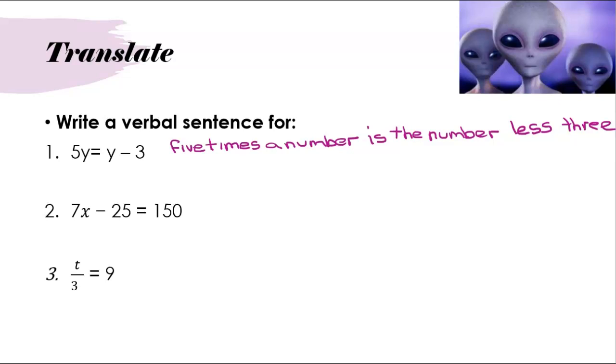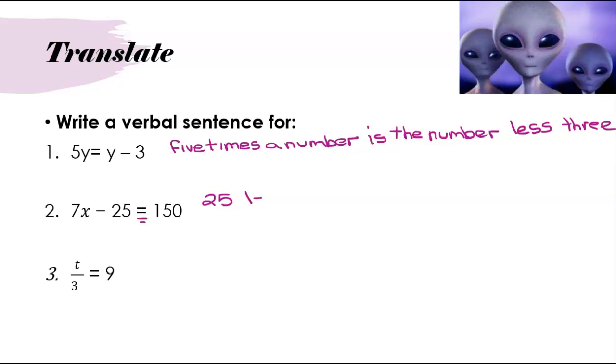Let's look at number 2. 7x minus 25 equals 150. So we know we can say is here is 150. But what is this? Well, let's see. Let's start in the middle this time. We're starting with 25. I'm going to just write the number out, but you can write the word 25.